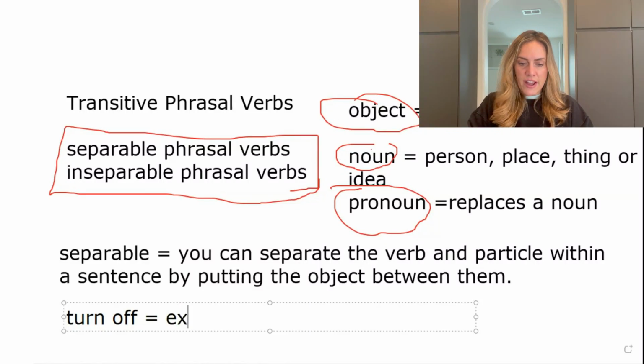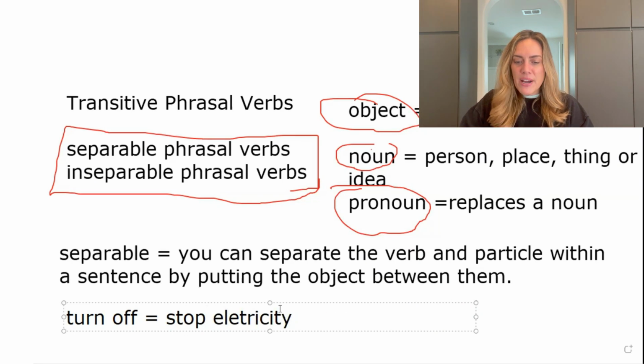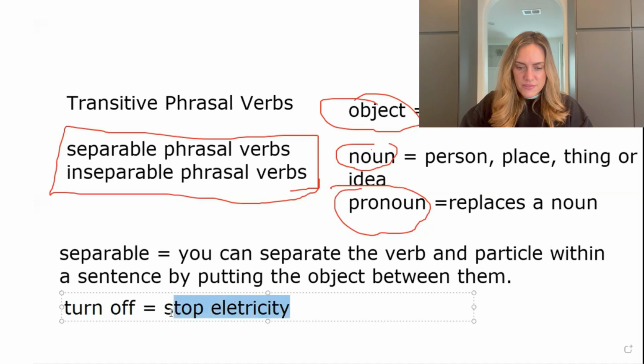So turn off, I would say extinguish electricity. I don't know, maybe I shouldn't say extinguish, maybe I should say stop electricity, okay? But anyway, turn off is a transitive phrasal verb.